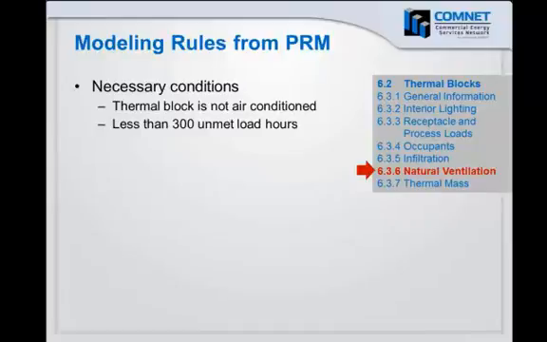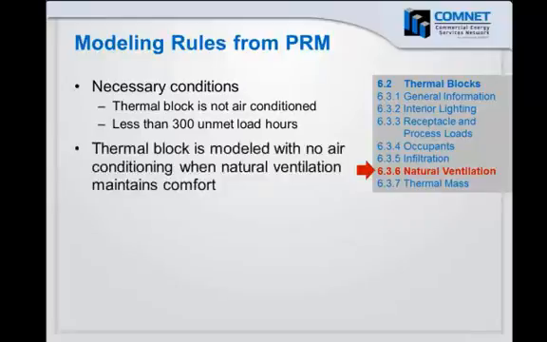So when it's modeled under the conditions of natural ventilation, it should maintain comfort for all but no more than 300 load hours. When these conditions are met, then the thermal block is modeled with no air conditioning when natural ventilation is able to maintain comfort.